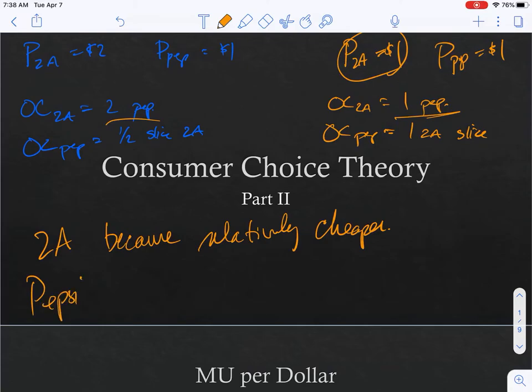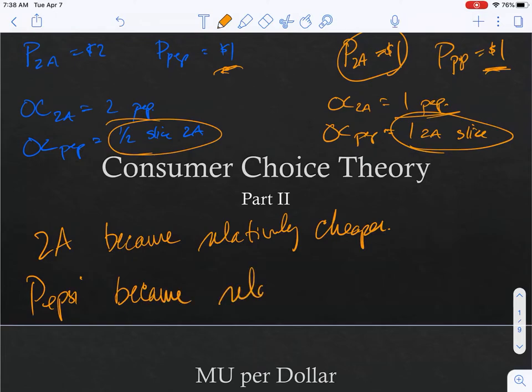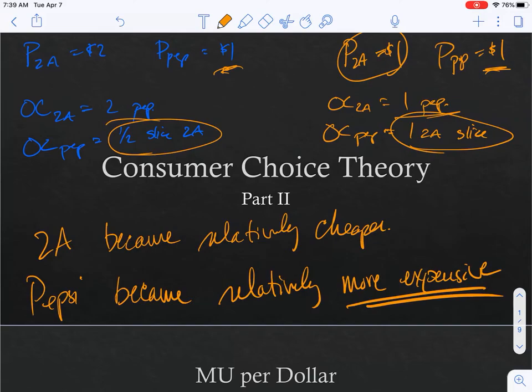But what about Pepsi? The price of Pepsi was originally $1. The price of Pepsi stayed at $1. So in nominal terms, it stayed the same, but did the relative price change? Well, Pepsi used to cost, in opportunity cost terms, a half a slice of pizza. Now it costs a whole slice of pizza. So in relative terms, Pepsi became more expensive.